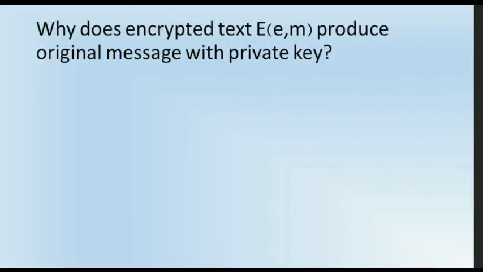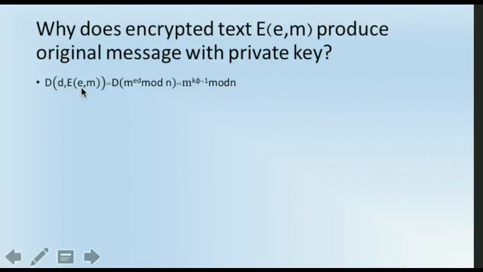So let's understand why this encrypted text turns into a message when given the required key. So here we have our encrypted text, the encryption function, and then given some private key D, we rewrite the function as such, and then we know that E times D equals 1 mod totient, which is the same thing as rewriting it as some constant k times the totient plus 1.